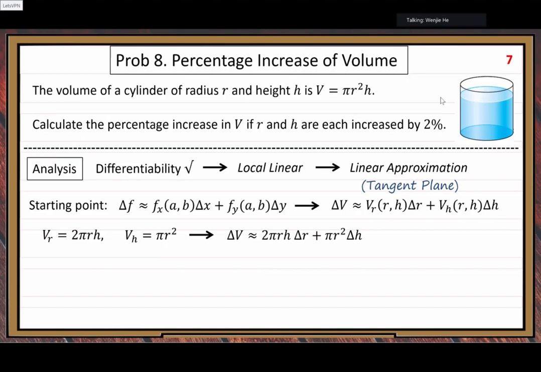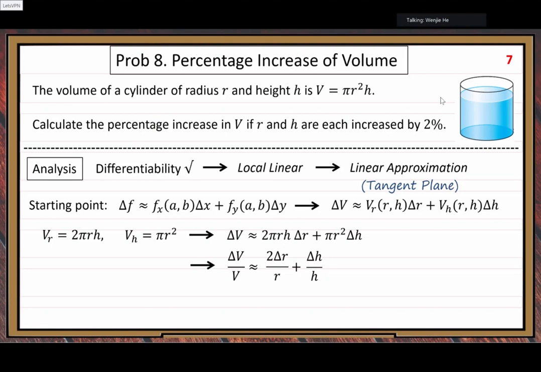Then the volume increase, delta V over V, is the percentage volume increase. After simplification, it equals these two: delta R over R, 2%, and delta H over H, also 2%.